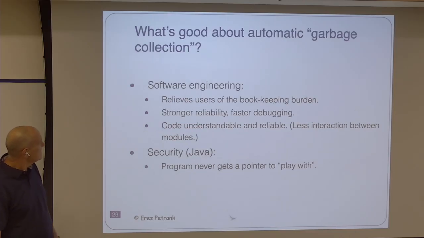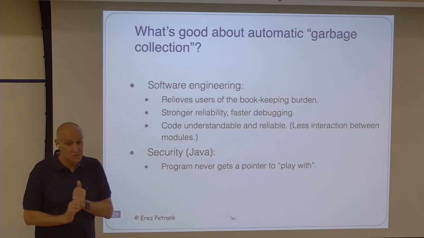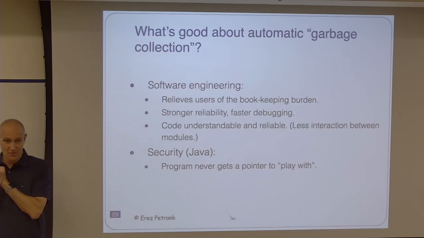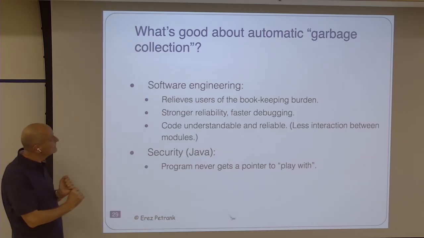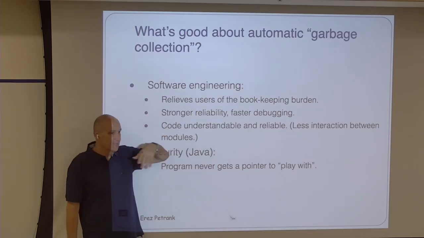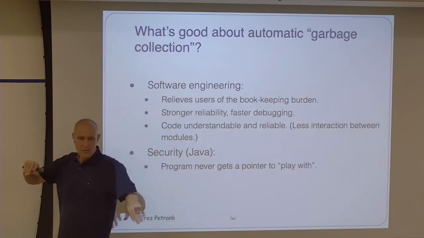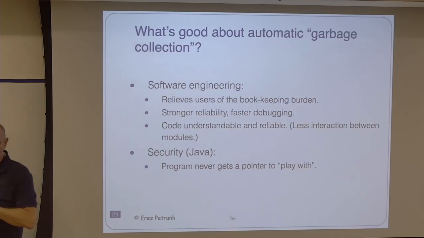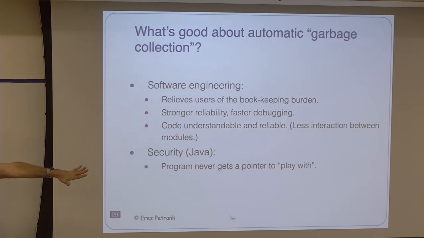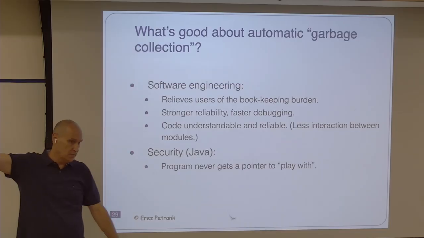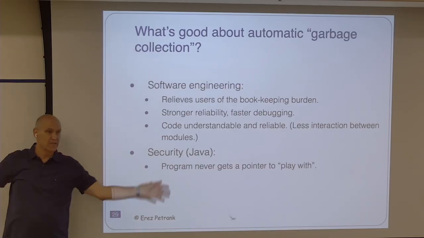Okay, so what's good about automatic garbage collection and memory management? Software engineering loves it. It relieves the user of bookkeeping. I don't need this anymore, but maybe some other component needs it, so I have to tell it I don't need it anymore. If you don't need it anymore and that one doesn't need it anymore, then we can reclaim it.